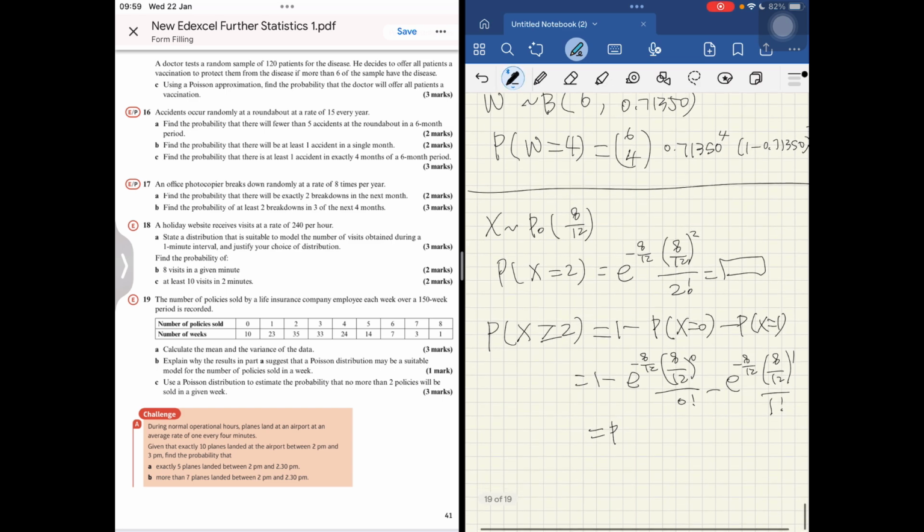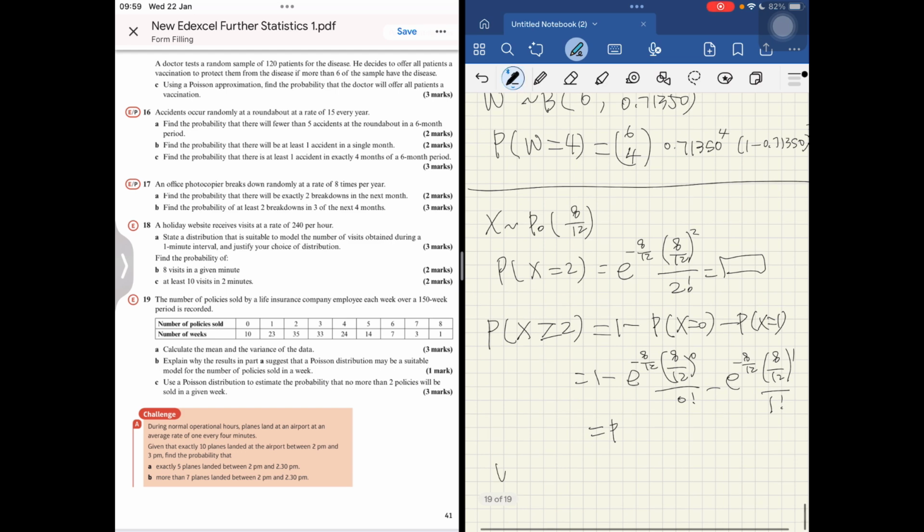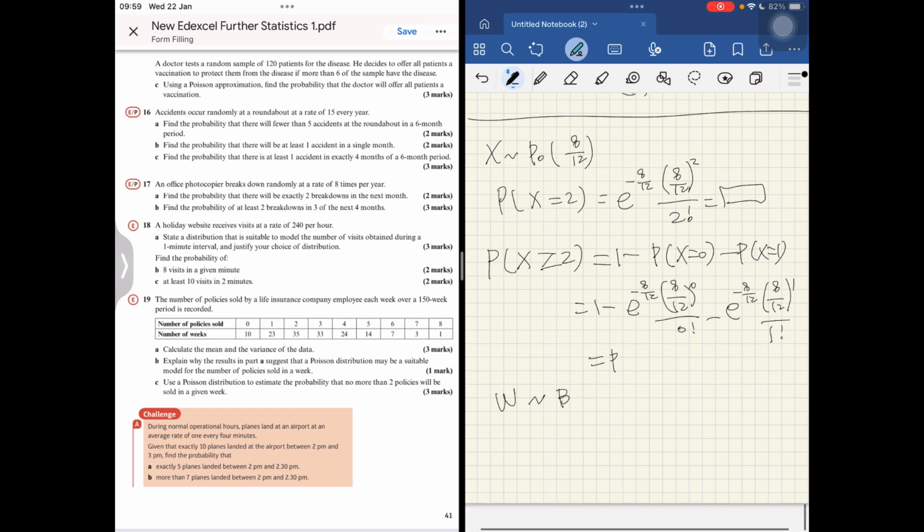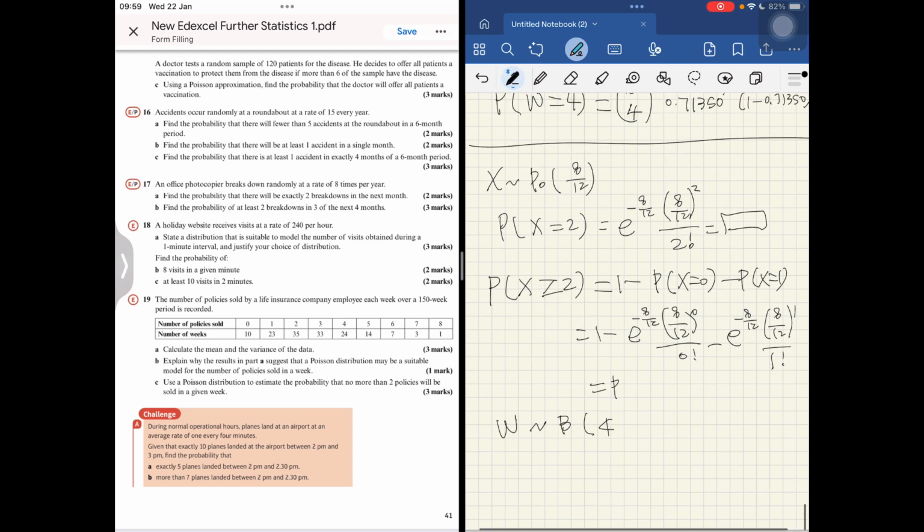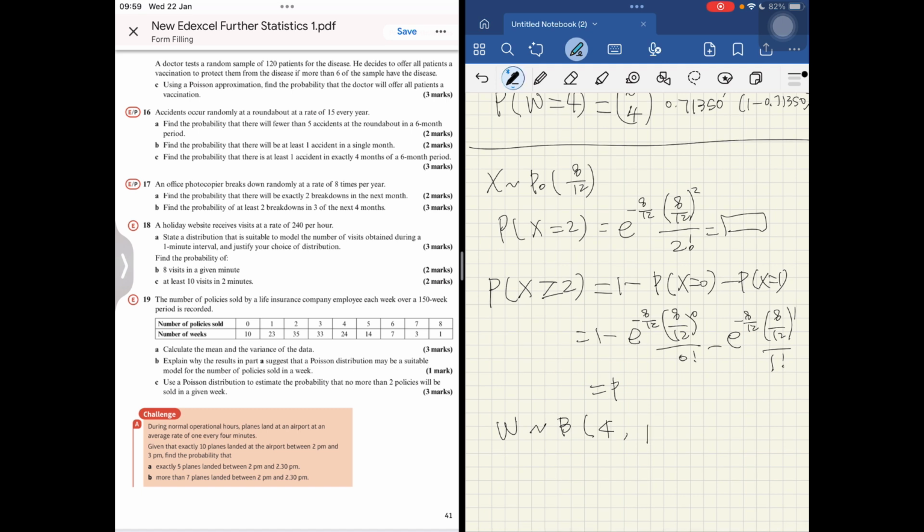Then over the next 4 months, W follows again a binomial, with 4 trials and success probability p. So probability W becomes 3 is C(4,3), p to the power of 3, 1 minus p to the power of 1. That's it.